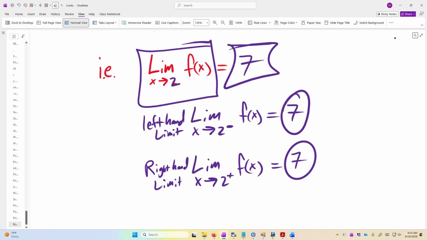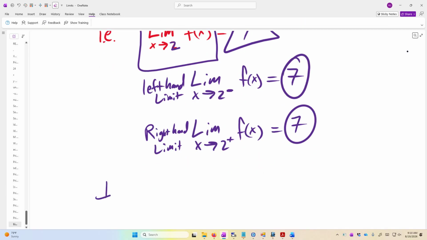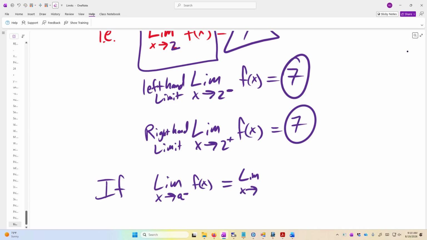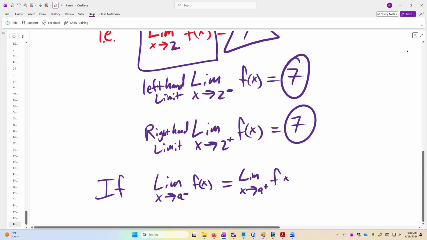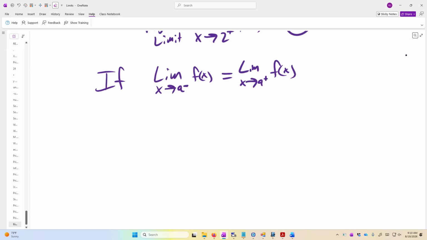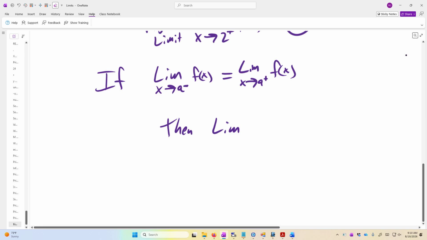And if the limit as x approaches whatever number this is from the left equals the limit as x approaches a from the right, then the limit as x approaches a, which is from both the left and the right, exists.